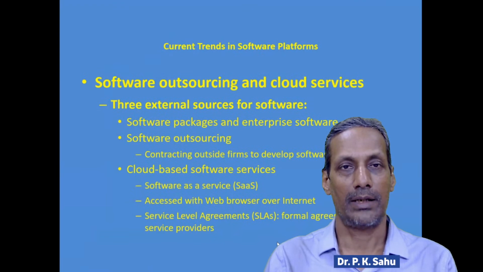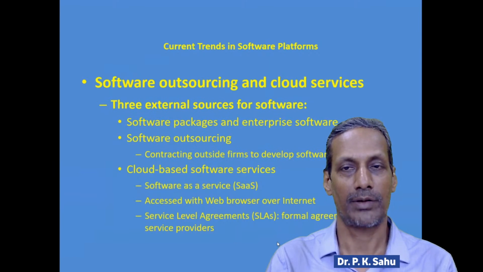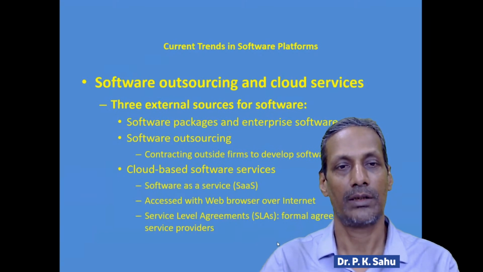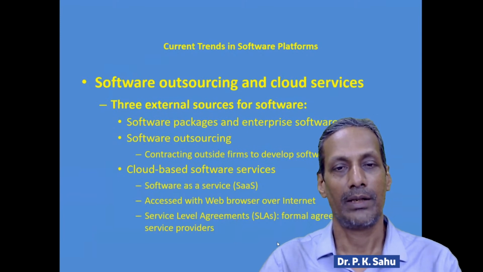You also find in the current trends that software is being outsourced apart from cloud services. Three external sources for software are the software packages and enterprise software. The software outsourcing is done by contracting outside firms to develop software.